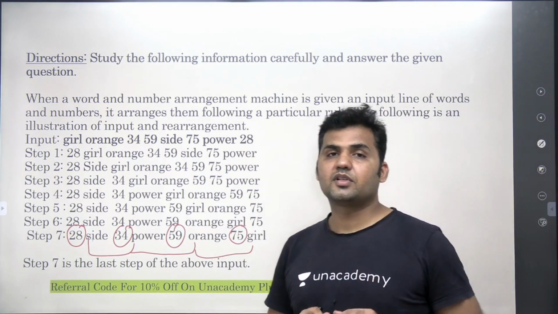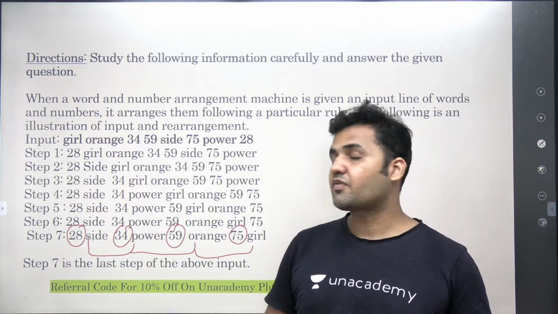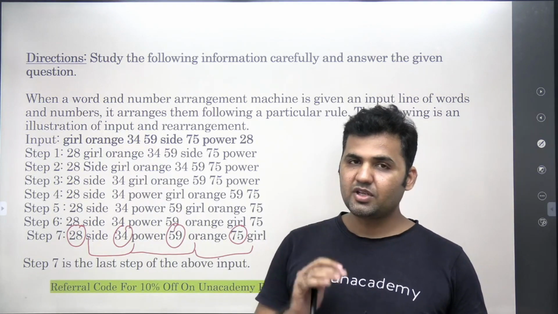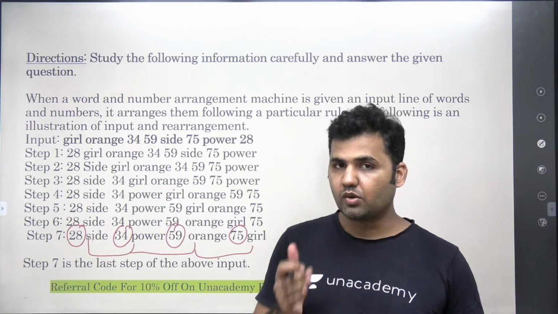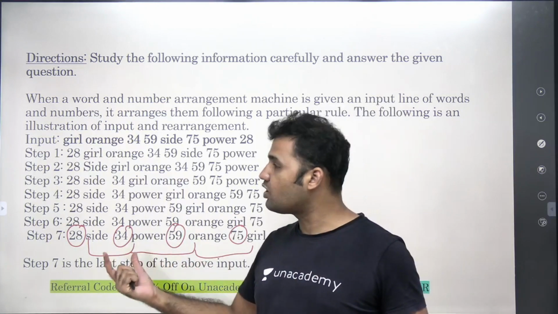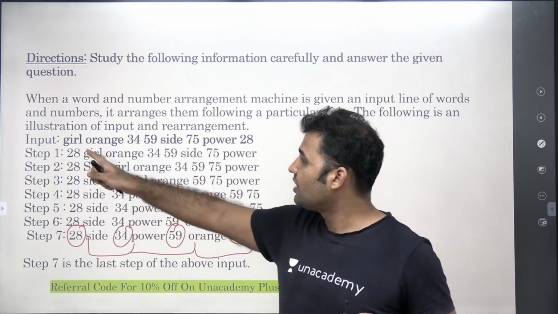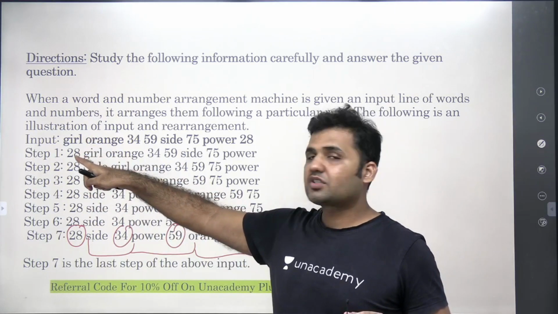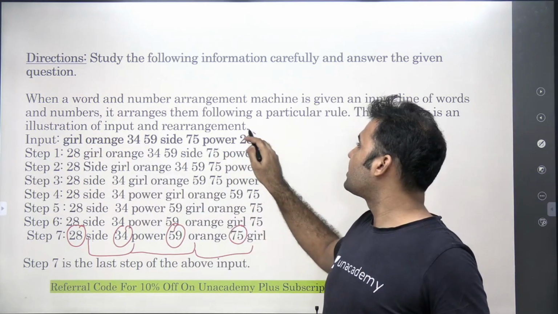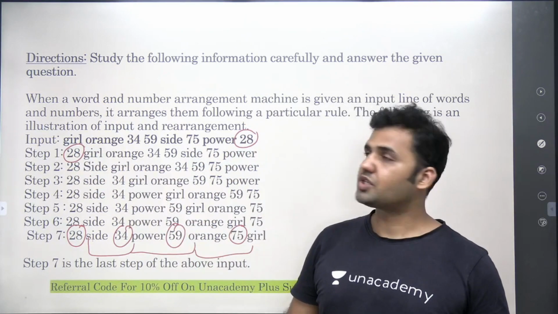The next step is to observe the step-by-step process and find out the rules which the machine is using to rearrange the data to reach this output. What are the steps that the machine is using? You see that if you compare the input with step 1, the smallest number has been placed on the left position.